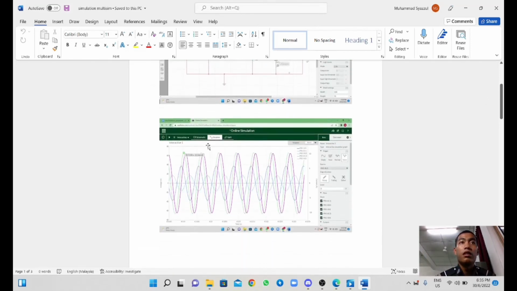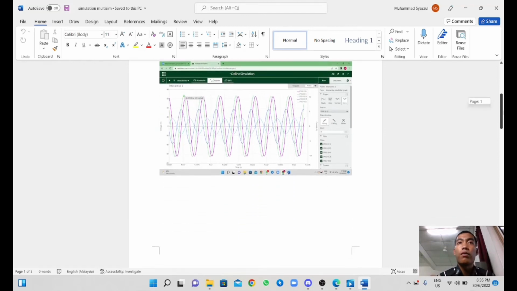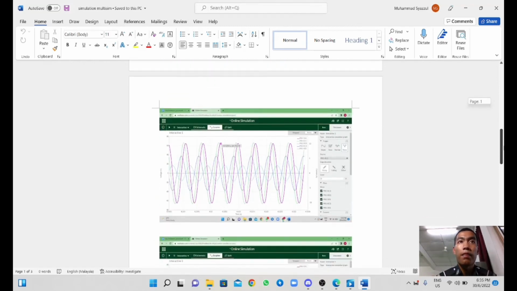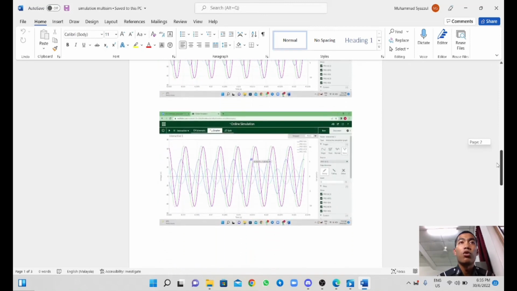So this is the graph for PR1. So here you can see the value for PR1. This is for PR4, the value when I run the circuit or simulate.